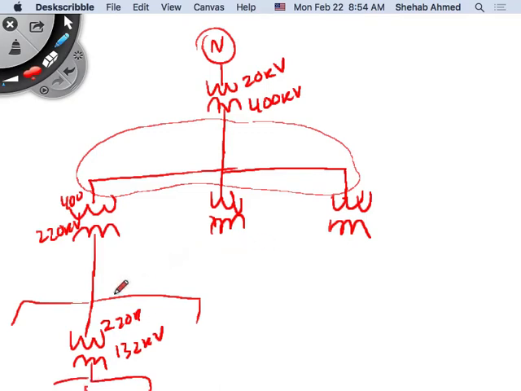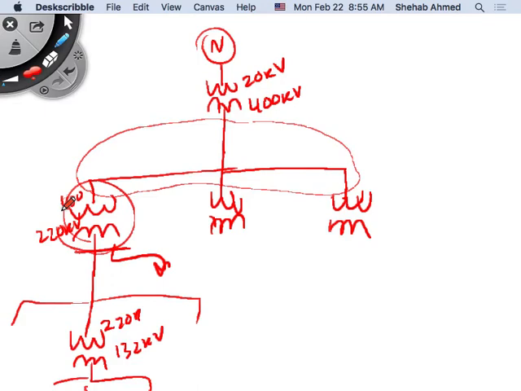So here, in this idea of transferring from 400 to 220, there are no loads. There's nobody consuming power at the 220 kilovolt voltage level. So here, it's okay to use the auto transformer. Isolation is important, but I need a transformer to step up and step down the voltages and pass power through.